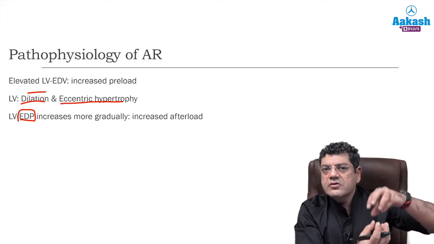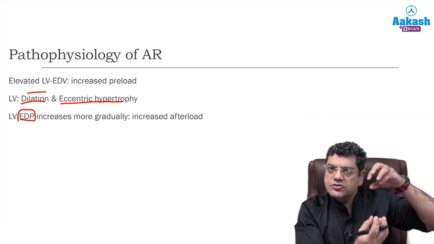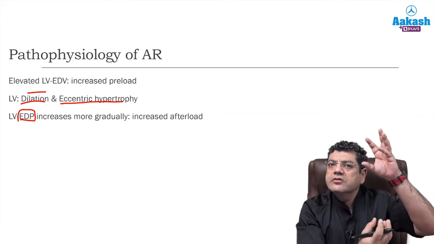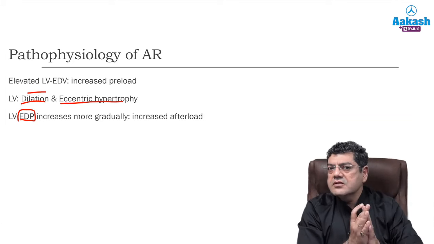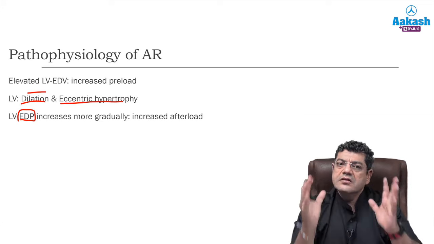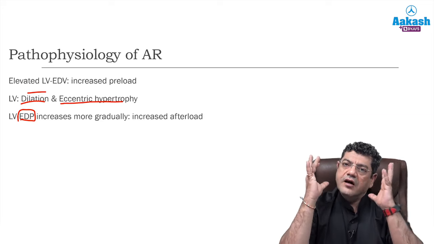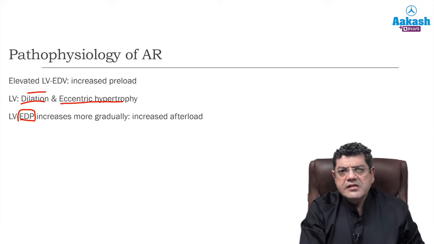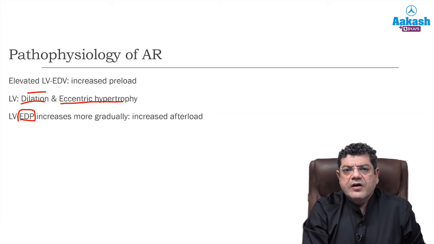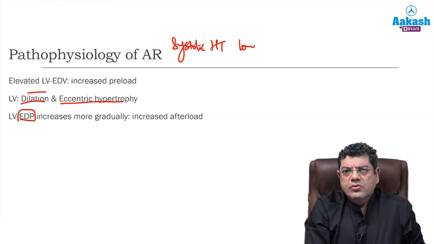Because of this increased stroke volume, it pushes more out during the next systole, and this starts to cause hypertension. This hypertension becomes an afterload on the left ventricle. So you will see that these patients have systolic hypertension and low diastolic blood pressures.